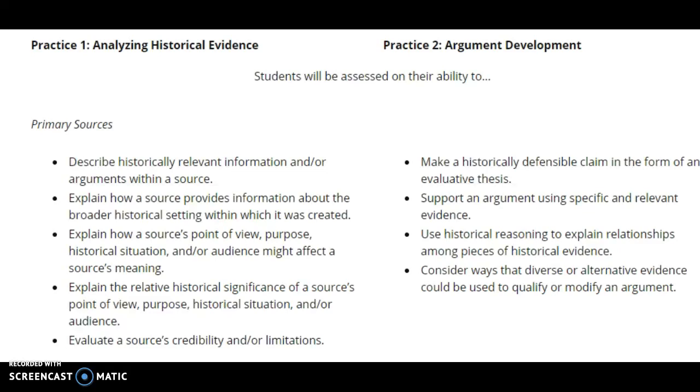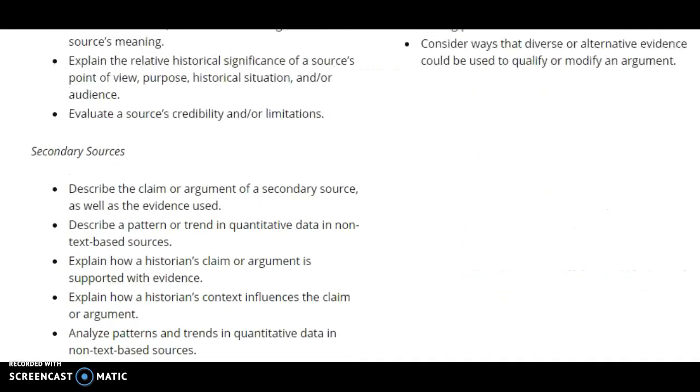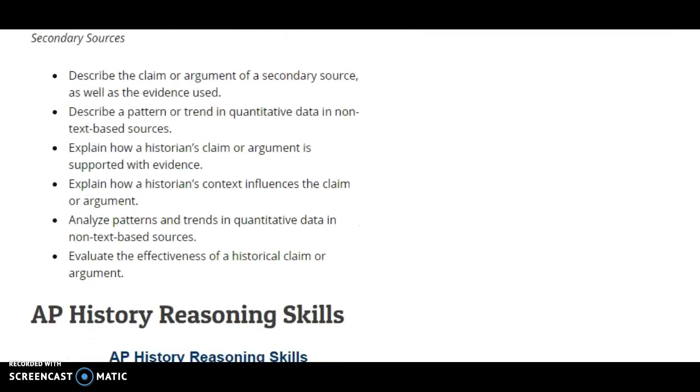Again, I'm not going to read through all of the things on the screen because you can pause the lecture and look through those things on your own. We talk about this in class, but these are 2 of the disciplinary practices that you're expected to do in this class, and some things that you may be expected to do with those stimulus-based questions, with primary sources and also secondary sources.